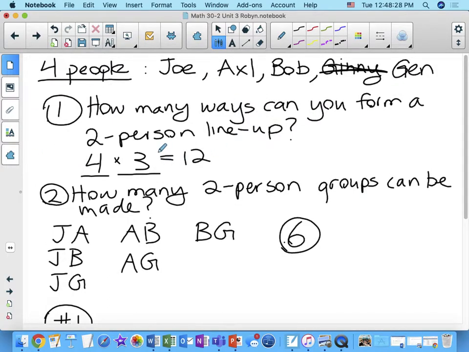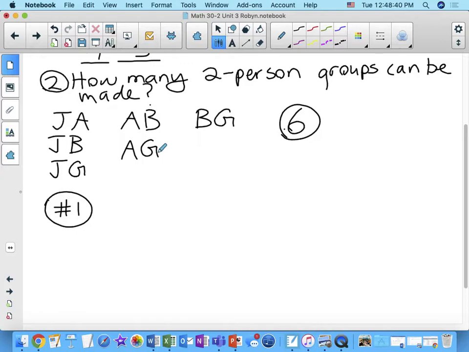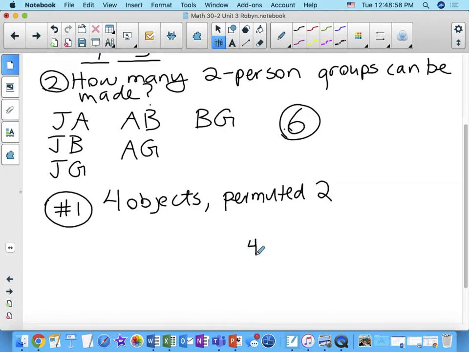Question 1, how many people went into the lineup? 2. So we started with 4. We arranged, or another word for arrange is permuted, 2 of them. So we had 4 objects, and we permuted 2. This is 4P2.